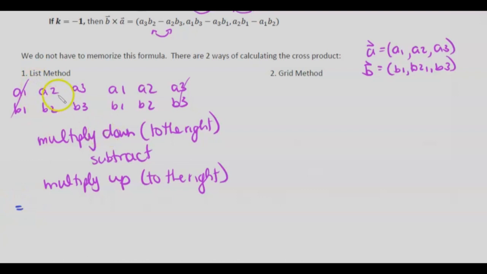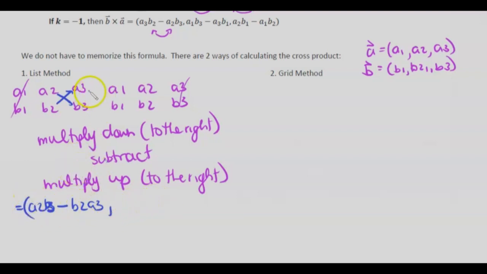Multiply down, A2 times B3, minus, right, subtract, B2 times A3. And then we're going to have a comma.